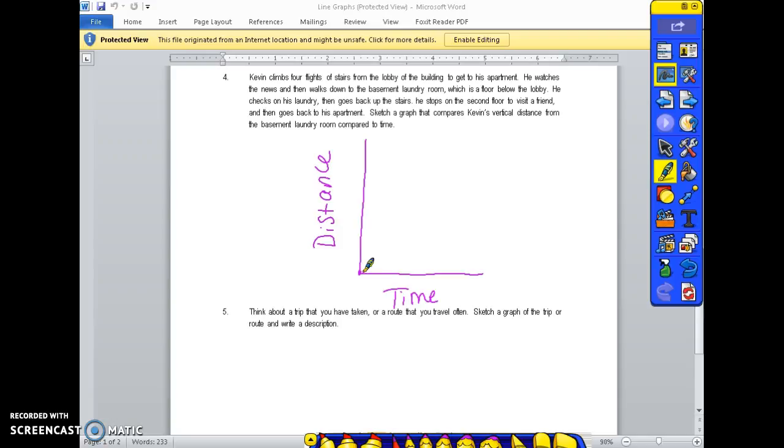So he enters the lobby of the building. He is a floor above the basement. So his distance is going to start not at the origin, but above the origin, where he climbs 4 flights of stairs to get to his apartment.